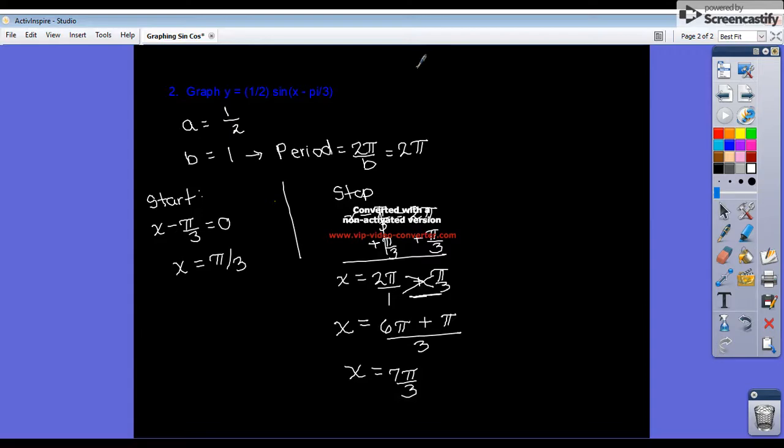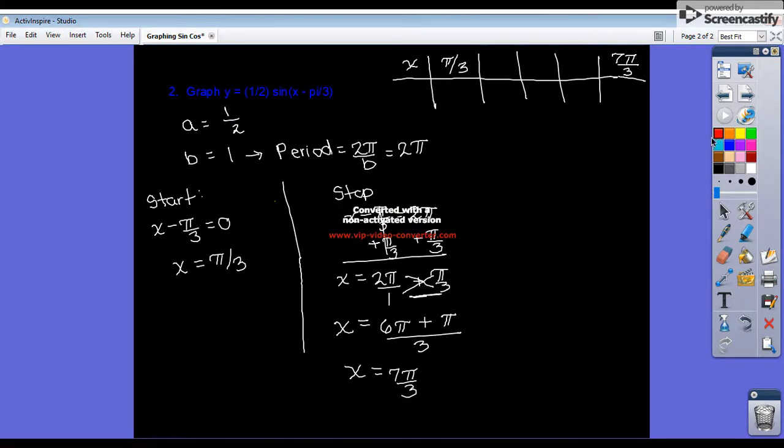So we now know if we have 5 points in one period, the x value will start at pi over 3 and it will stop at 7 pi over 3. To find the x values between them, we're going to find the difference between the x values. Remember we did this in the last problem: there are 4 equal spaces between the 5 points.